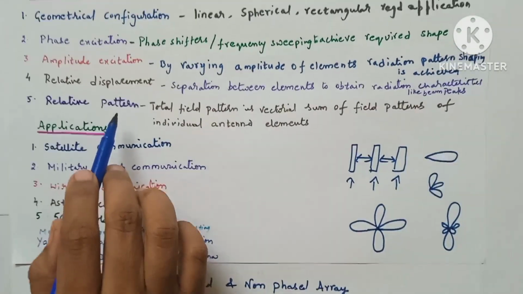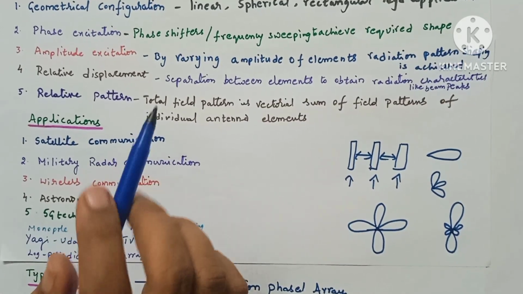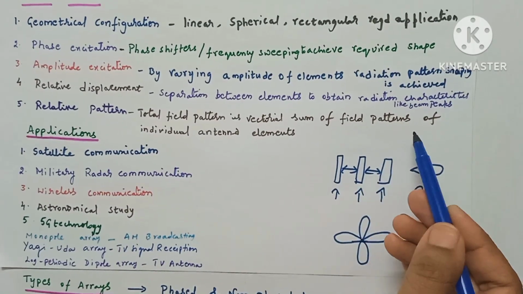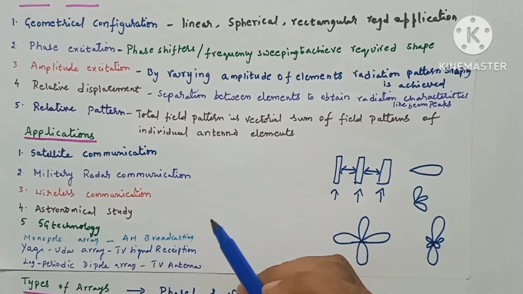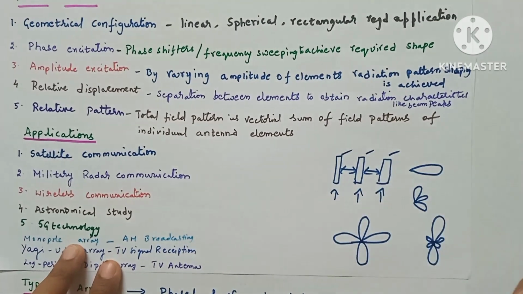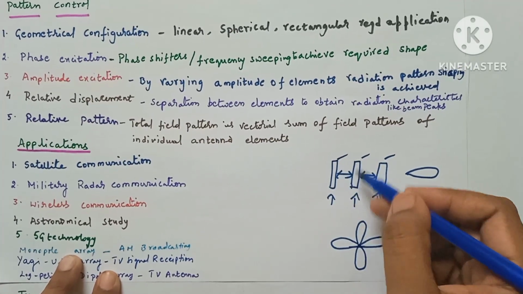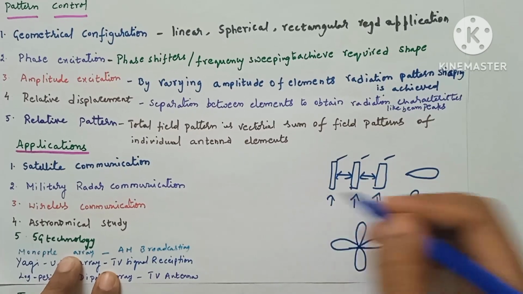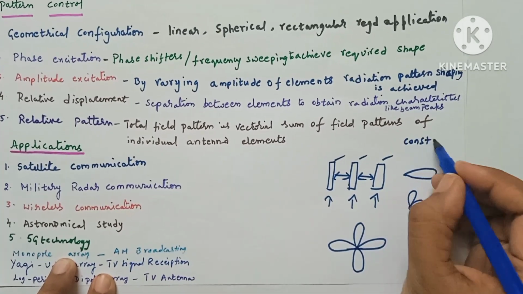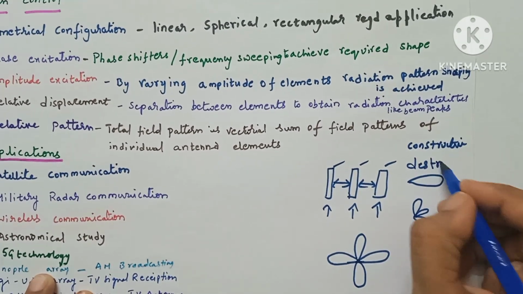The last one is relative pattern. We have already said that the total output radiation pattern is nothing but the vector sum of the field patterns of the individual antenna elements. For example, here we have taken three antenna elements. The total field strength pattern is the summation of the individual field patterns. The field pattern summation should always be constructive, that means the fields add up, not in a destructive manner.